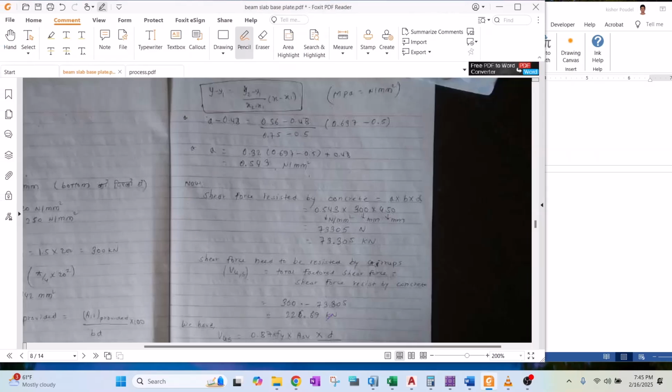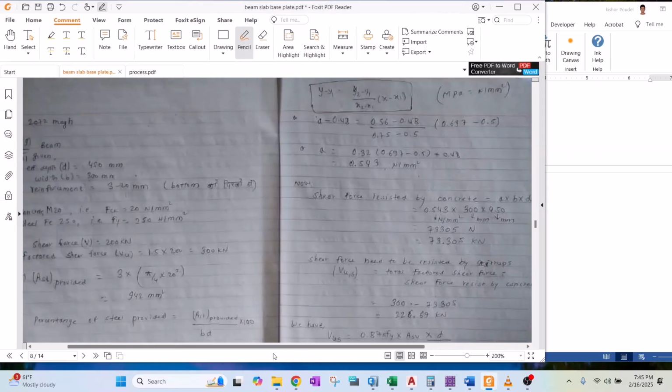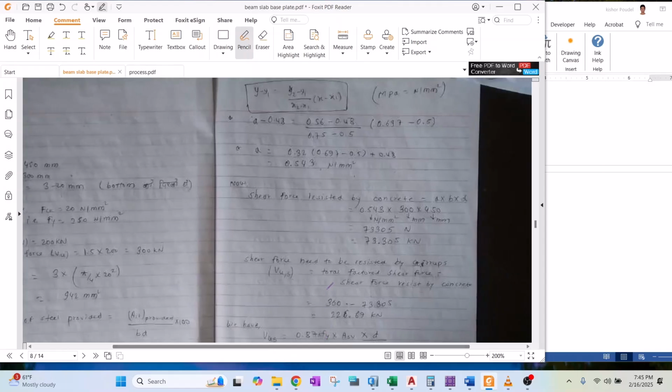So the applied shear force is 300 kilonewton, and the shear force resisted by the concrete is only 73 kilonewton. You have to provide stirrups to resist the extra shear force.